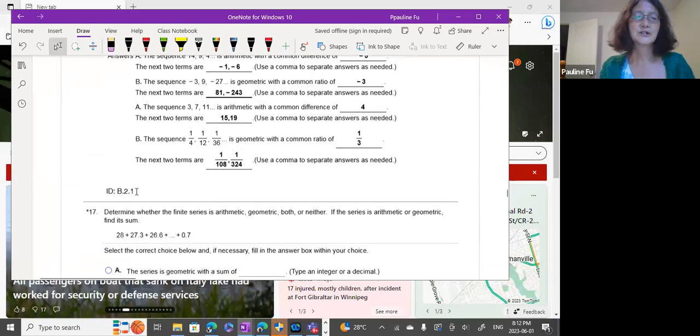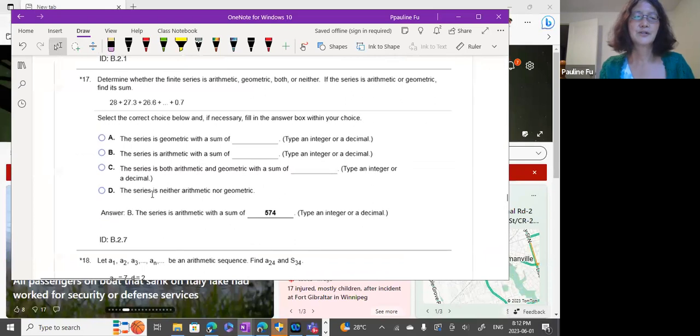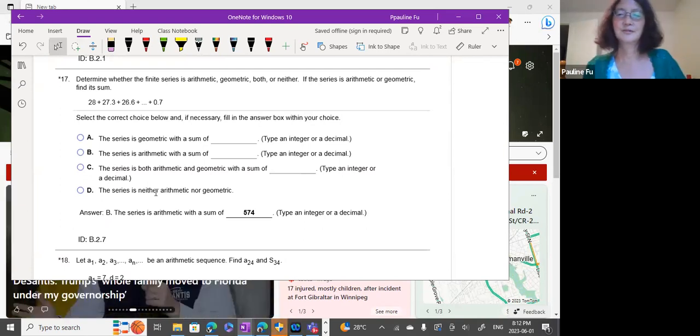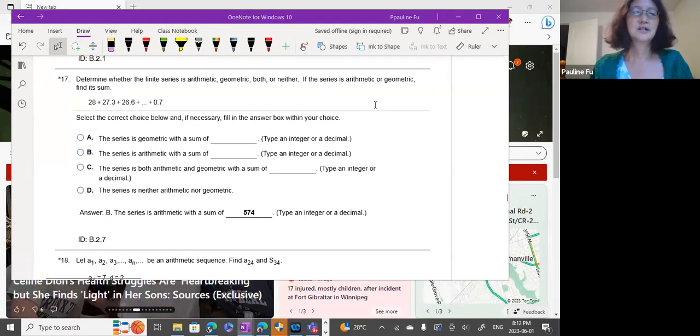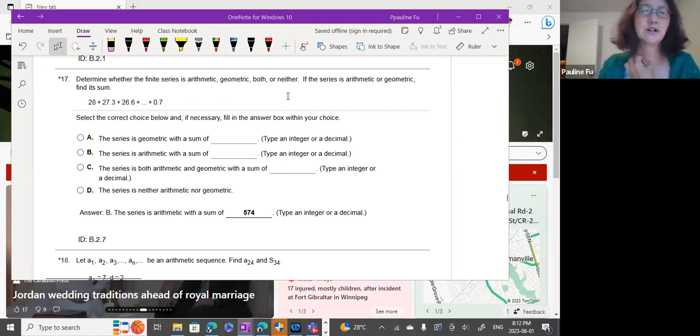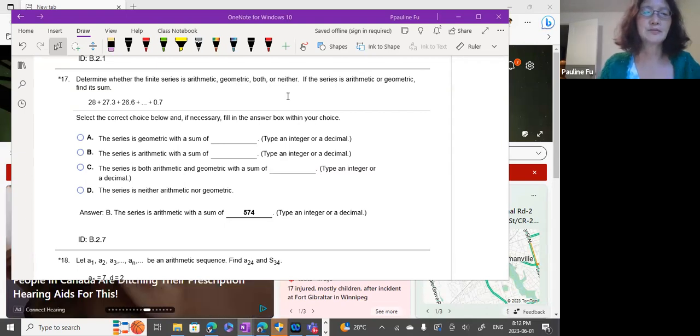All right. So next question, question 17. Determine whether the finite series is arithmetic, geometric, or both, or neither. If it is geometric or arithmetic, find its sum.